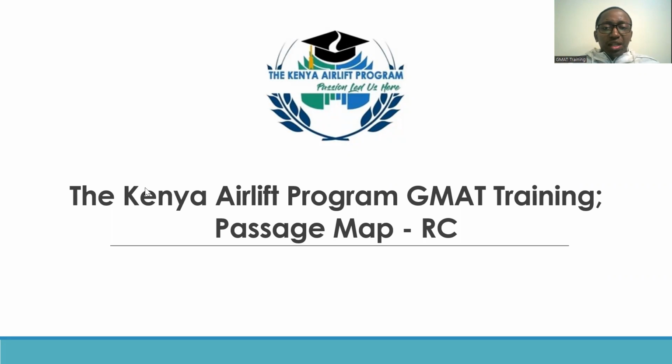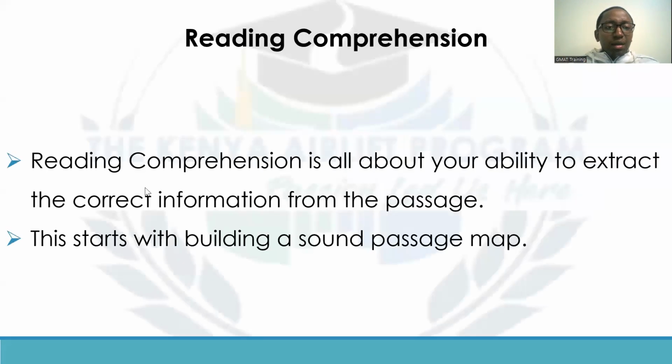Today we'll be looking at reading comprehension and specifically how to build a good passage map to help you with solving reading comprehension questions. Reading comprehension is all about your ability to extract correct information from the passage. If you extract information that is not correct, you will have trouble.